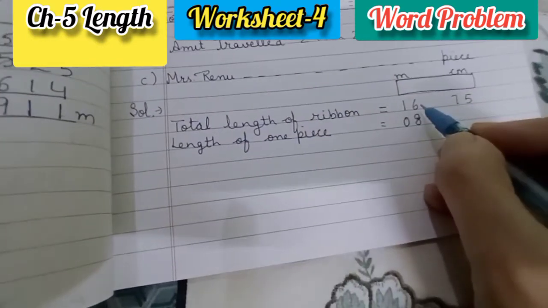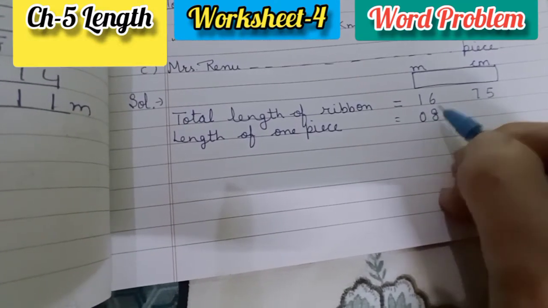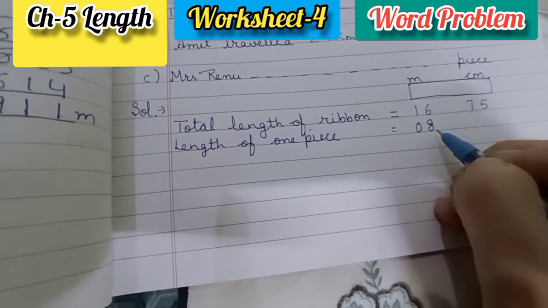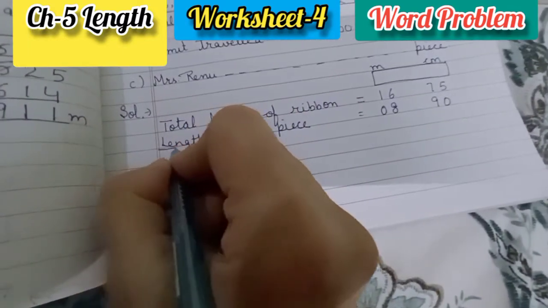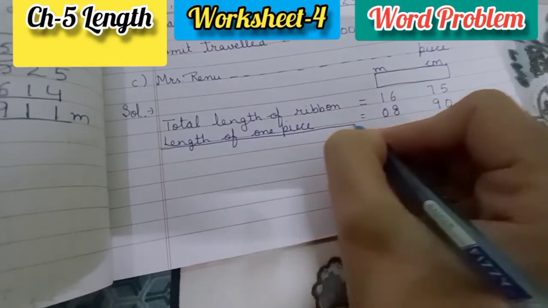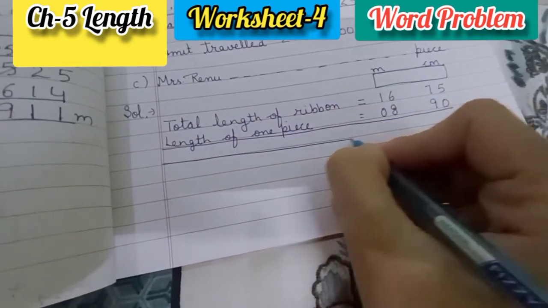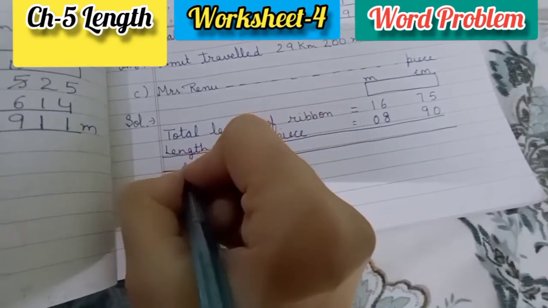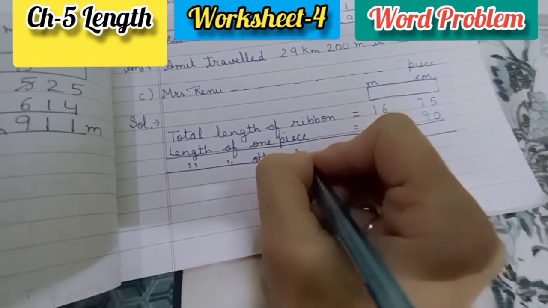In meters you will take this as ones place and this as tens place. So ones place under ones place, 8 meter and 90 centimeter. Now you have to find the length of the other piece.